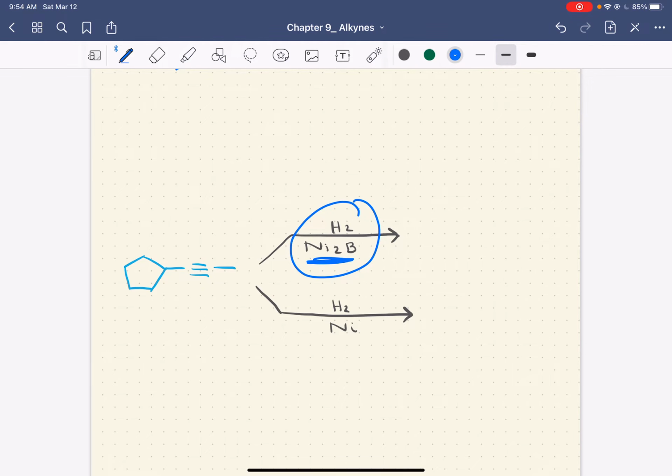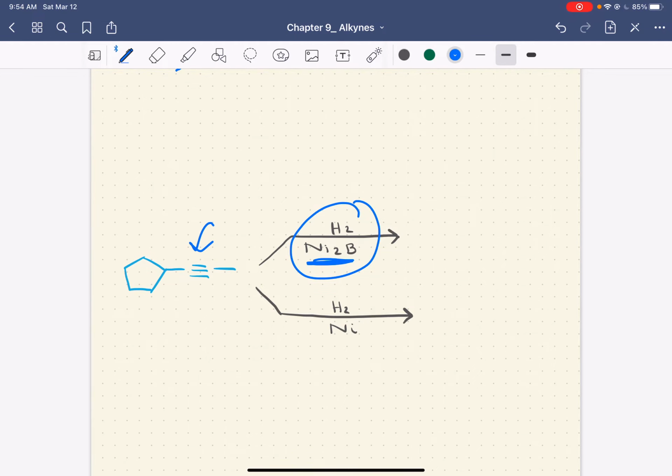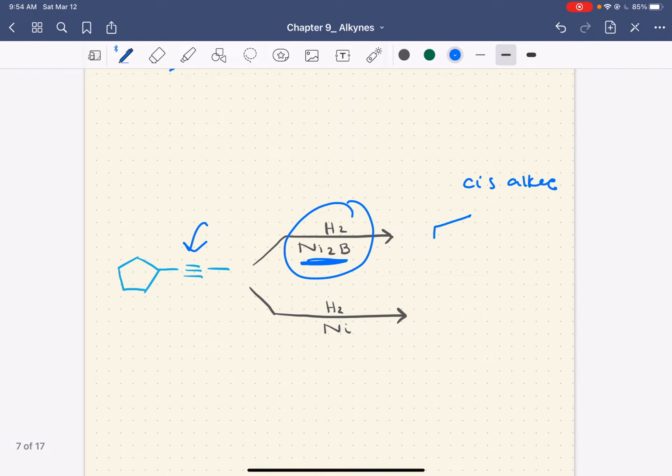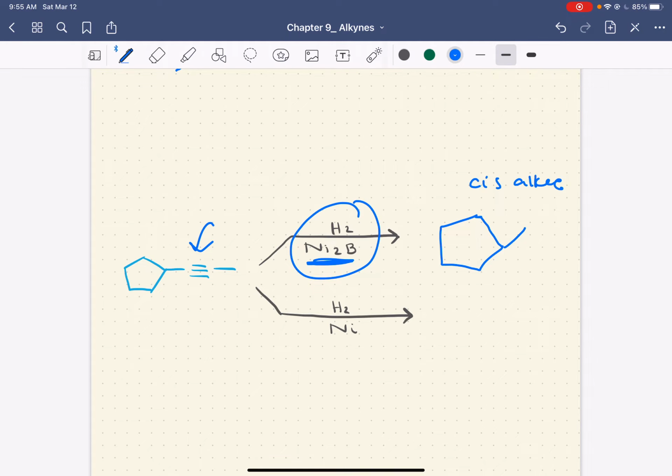That's just another way that you might see it written, either on a test or a homework problem. Do not get confused. This is going to take our triple bond and again produce a cis alkene. So that means our product is going to look like this, a cis alkene.